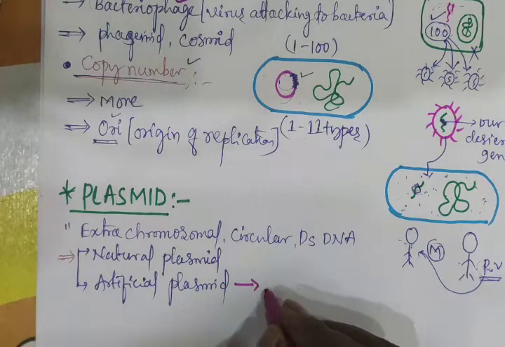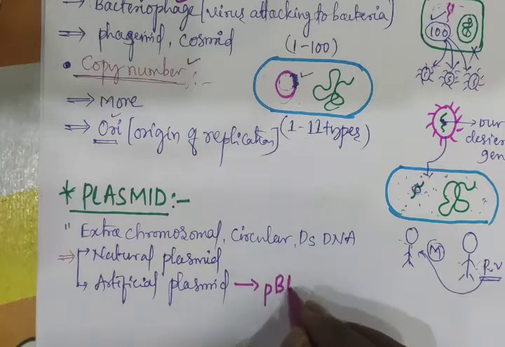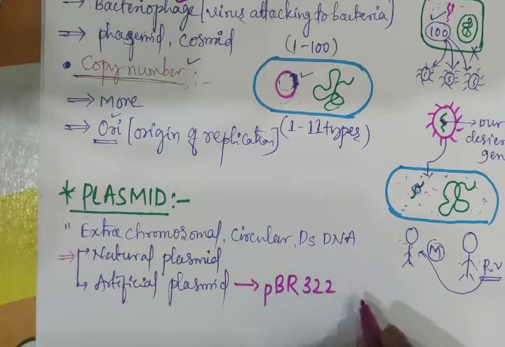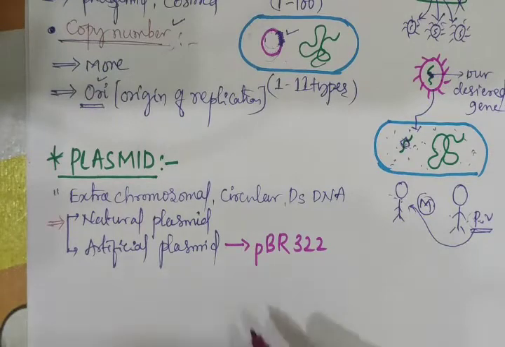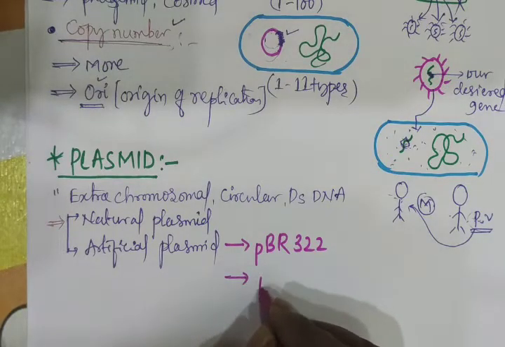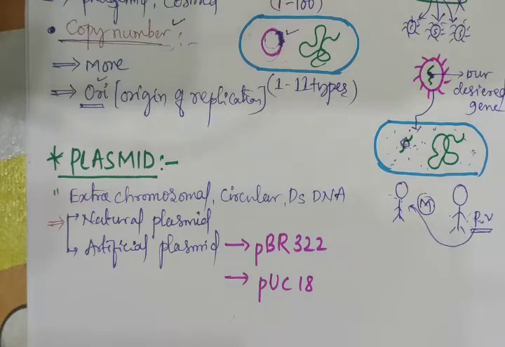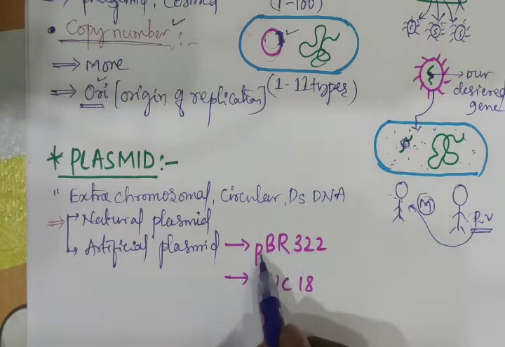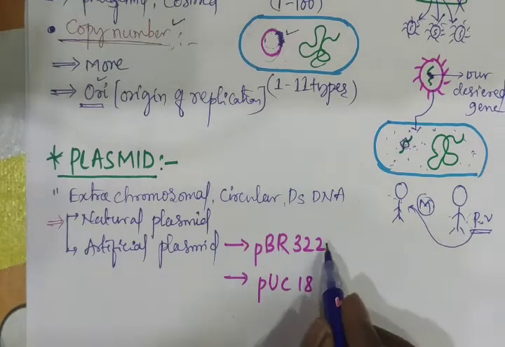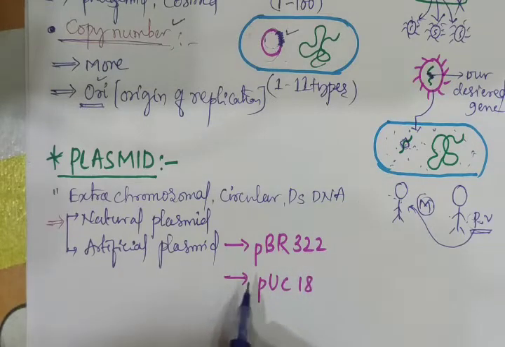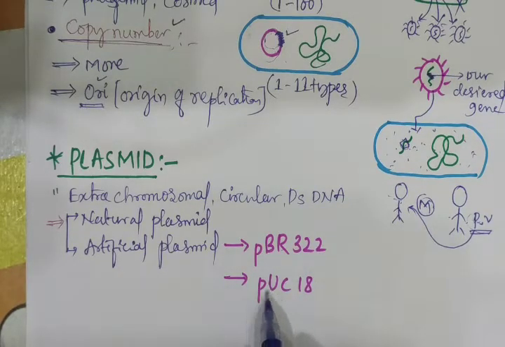One is pBR322, and one more plasmid is pUC18. pUC, pre-university course? No, not that one. The plasmid name is pBR322, an artificial plasmid. And one more plasmid we are going to use is pUC18.